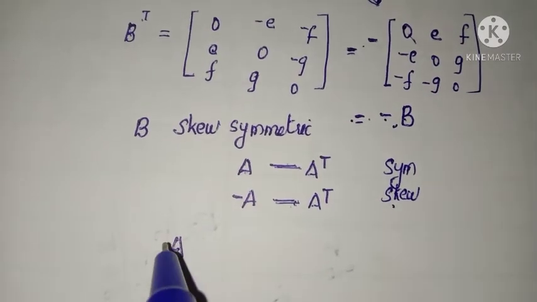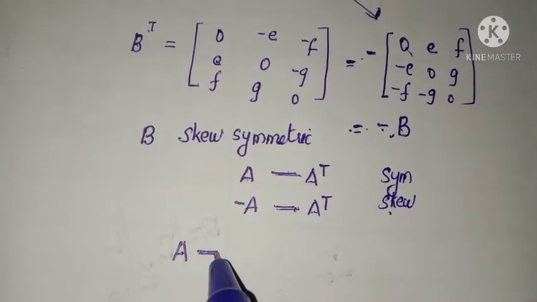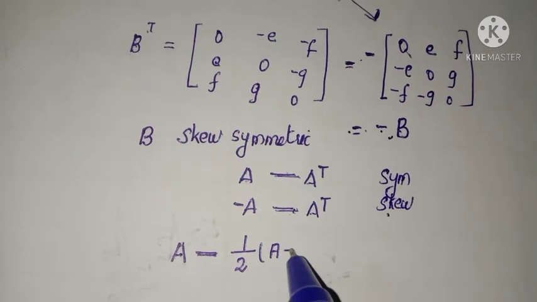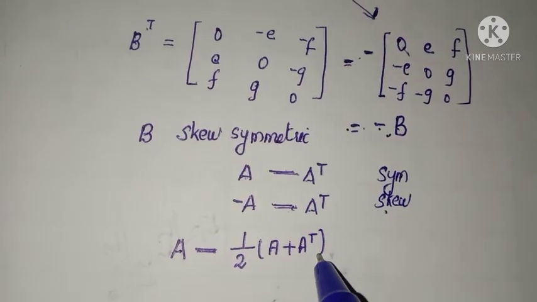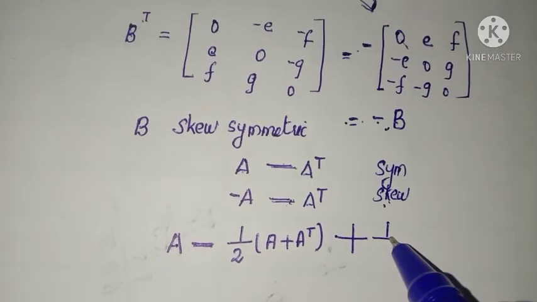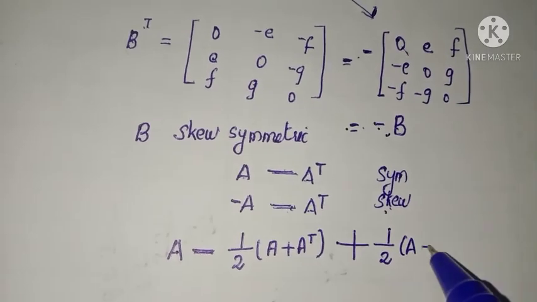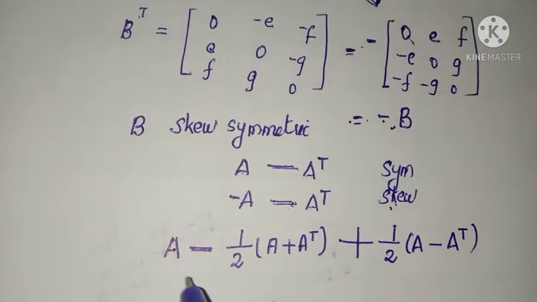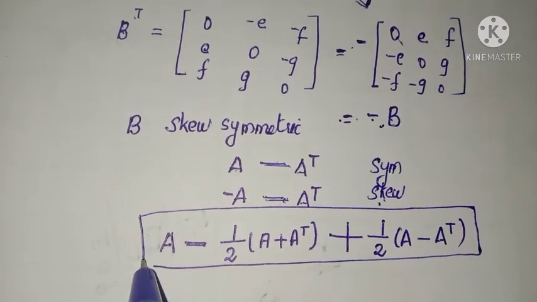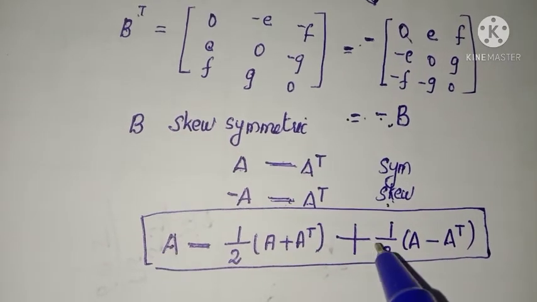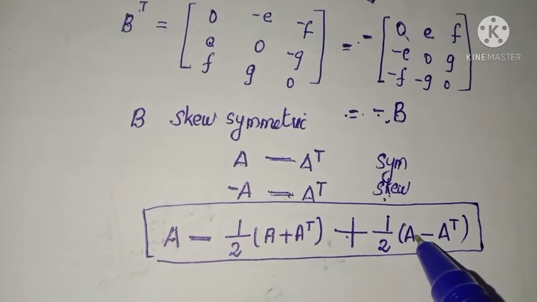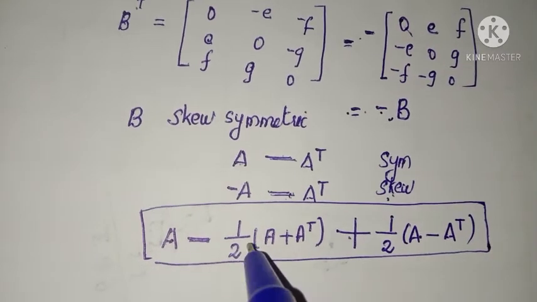So this matrix A can be written as, in the term of symmetric, half of A plus A transpose, plus in the term of skew symmetric, half of A minus A transpose. See, this is a result. This result means every square matrix can be expressed as sum of symmetric and skew symmetric matrix.